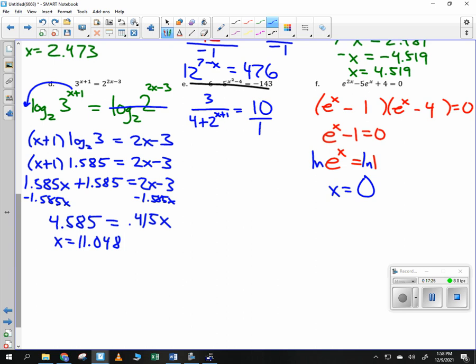Then I solve the next one. e to the x minus 4 is equal to 0. I will add the 4. e to the x is equal to 4.